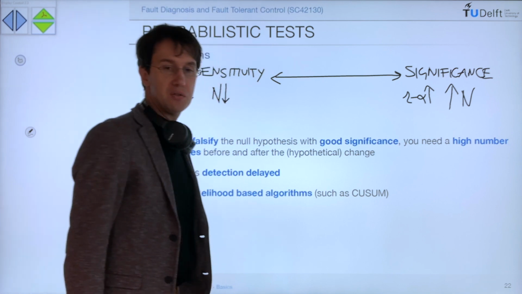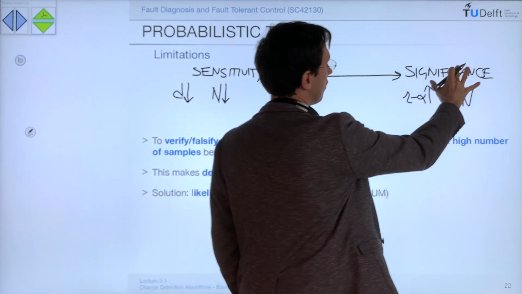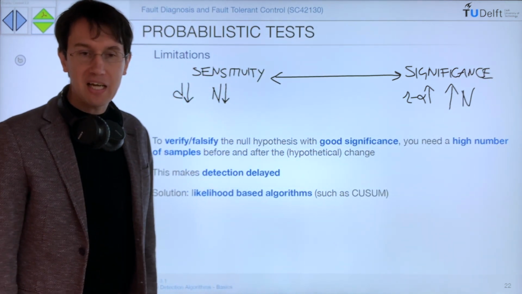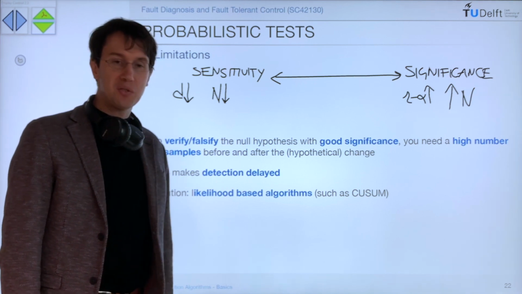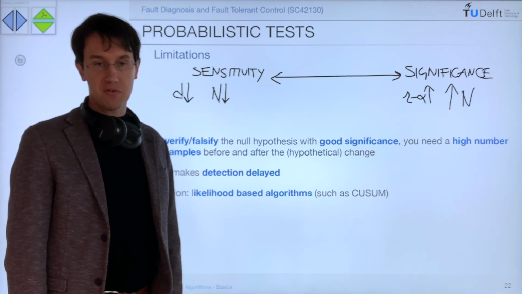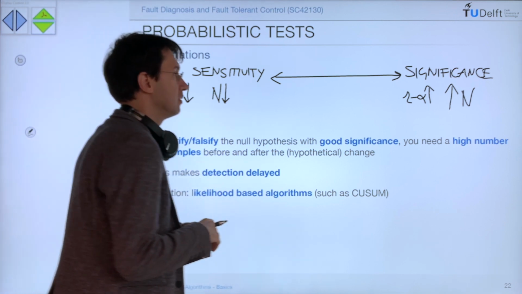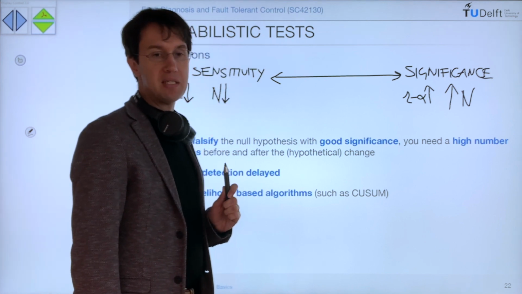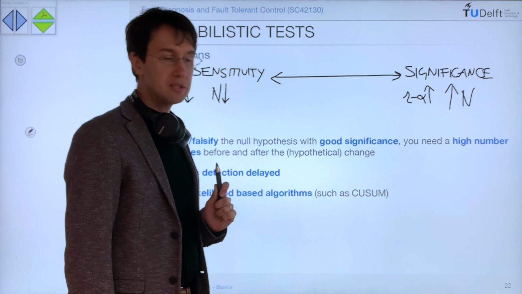According to having a small n, we move here, or having a large n, we move here, but we cannot have both, unfortunately. So similarly to the issue with the misdetection rate and the false alarm rate, actually it is the same issue. Because here we get a small false alarm rate, but high misdetection. So we don't detect faults that are short.